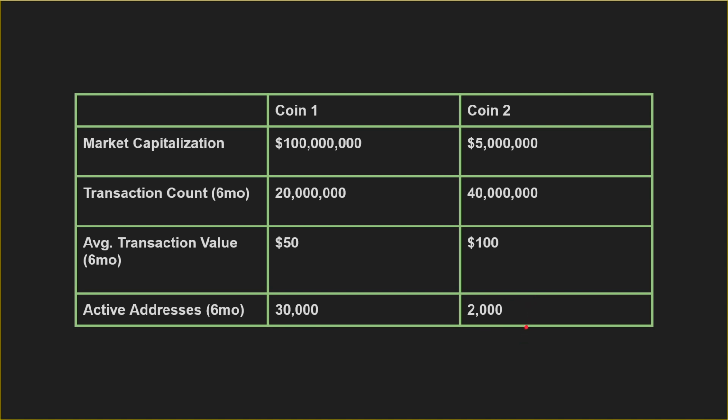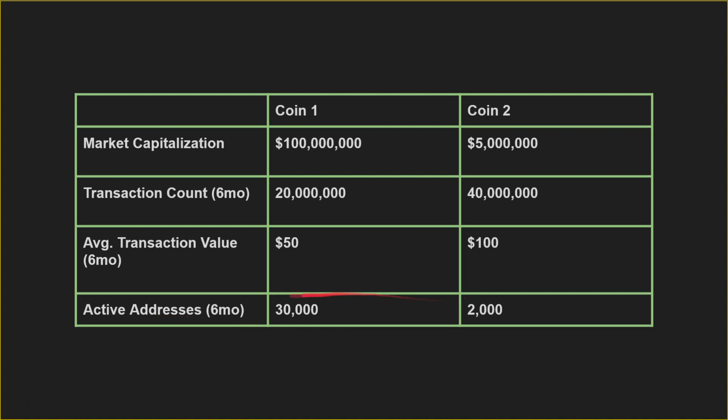Now, there's no way to know for sure the amount of individual users using each one of these two coins. Here we see active addresses, which is just a representation of the individual address, the individual wallet. One person could have multiple wallets or multiple active addresses.